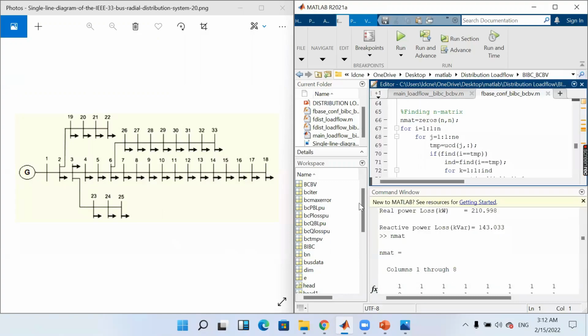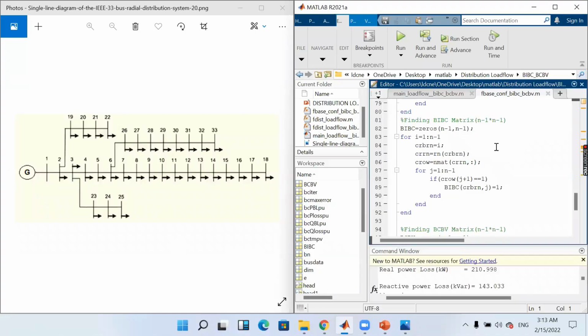We have to initialize BIBC as an n-1 by n-1 matrix, and we have to run the loop for each branch, that is from branch number 1 to the last branch, that is n-1. While calculating the BIBC matrix, we only have to find the interconnection of branches with the current injections at each bus.